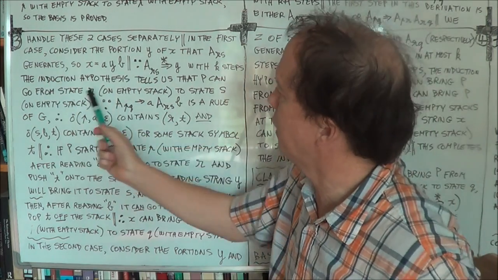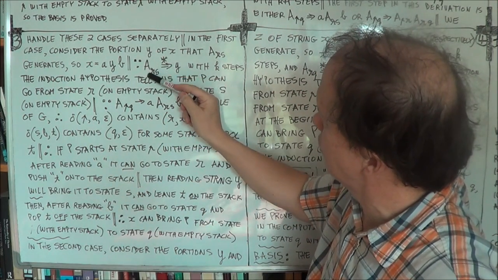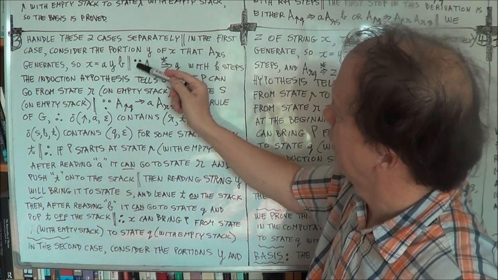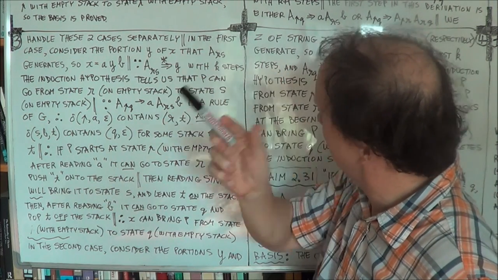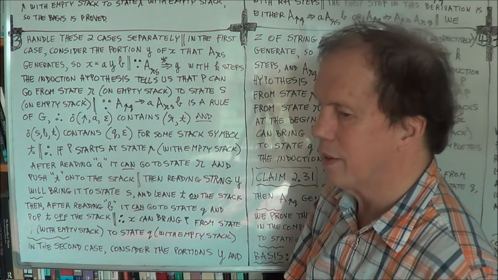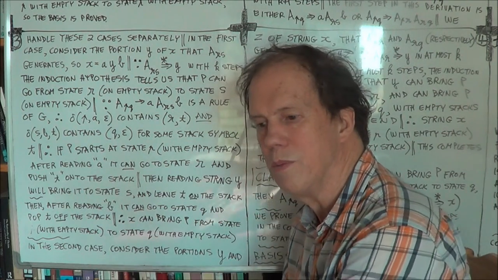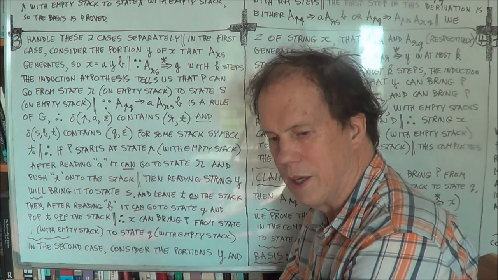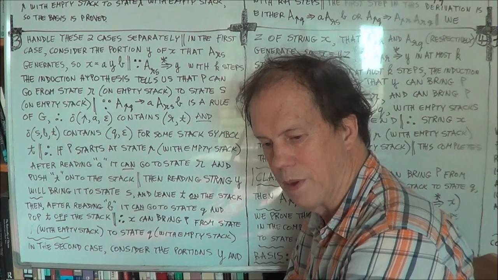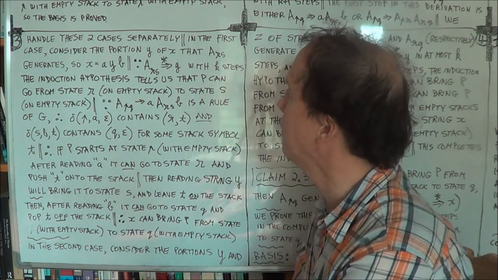Now we can use the inductive hypothesis. We're assuming that you can derive this string y in less than k plus 1 steps. We're going to use the induction, right? We've assumed that all these rules allow you to make a derivation in k or fewer steps.